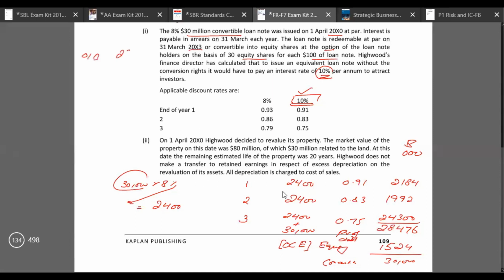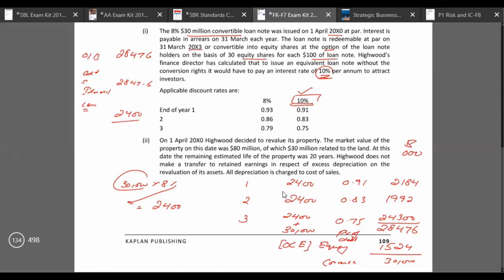So 28,476, and then we're going to add interest. And interest is applied on the effective rate. Effective rate is 10%. Okay, so 28,476 multiply 10% gives you 2,847.6, and less payment, which is fixed 2,400, which is on the coupon rate.